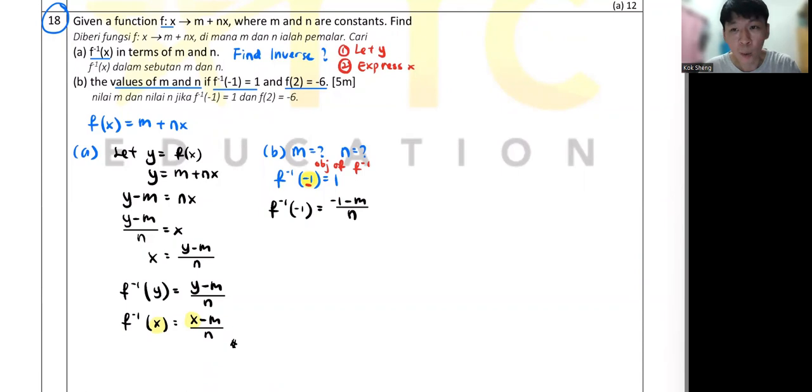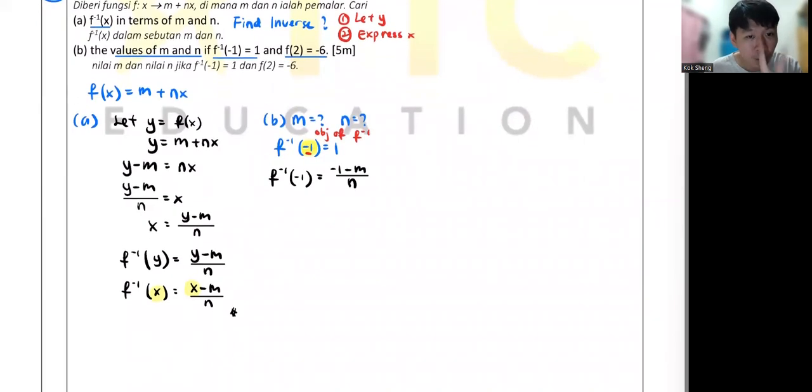Don't see wrongly the object. Okay, continue. After this, we have two same f negative 1 of negative 1, so you can both equal here.